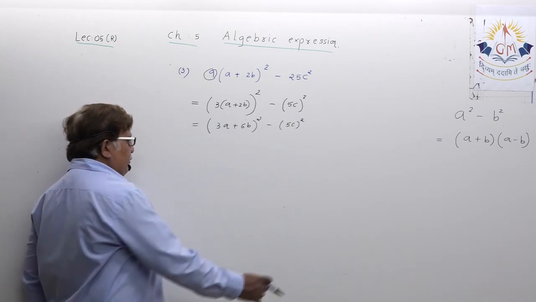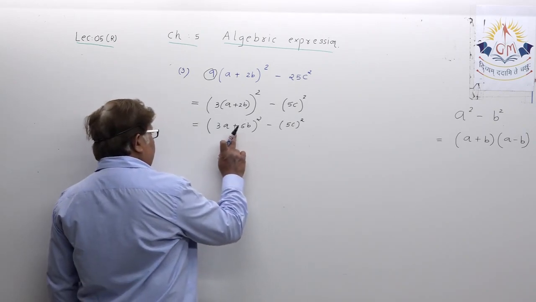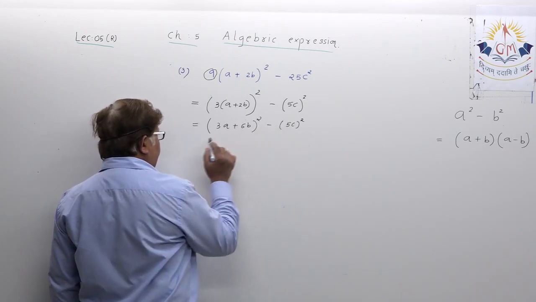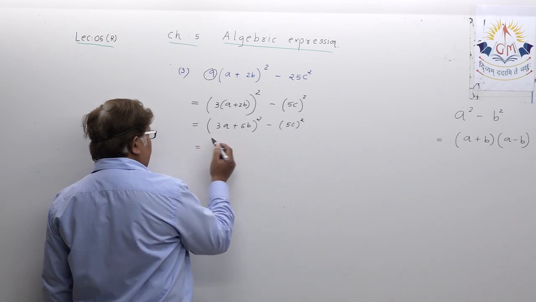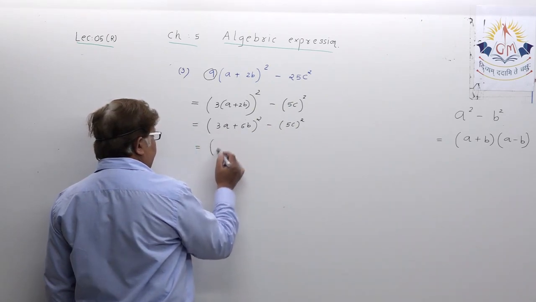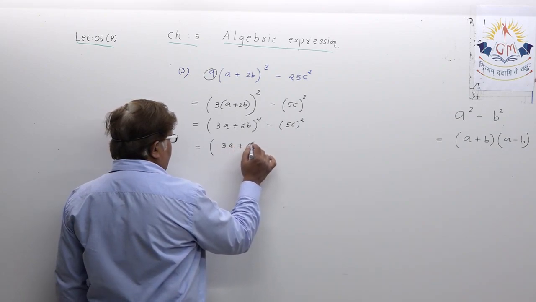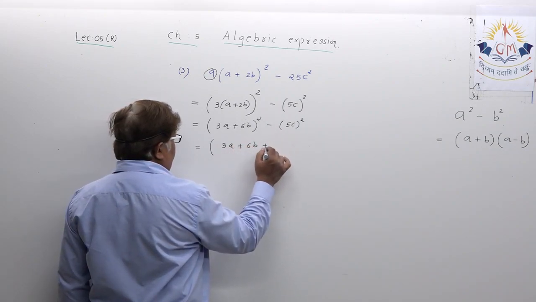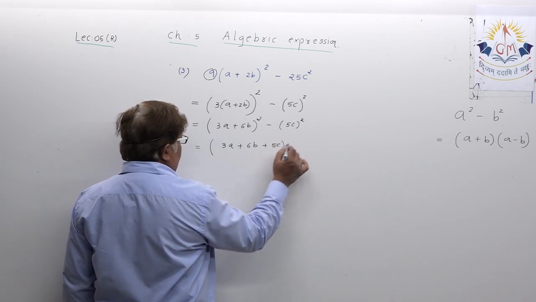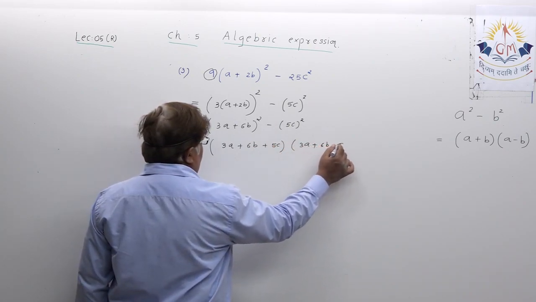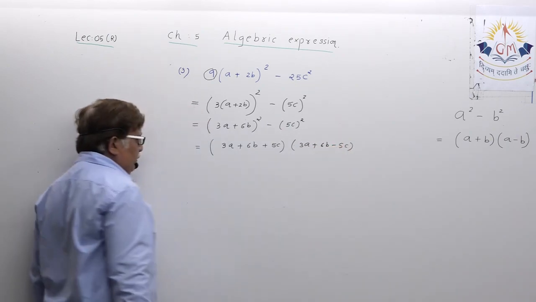And now, dear student, this is a, this is b. A plus b: 3a plus 6b plus 5c, and 3a plus 6b minus 5c.